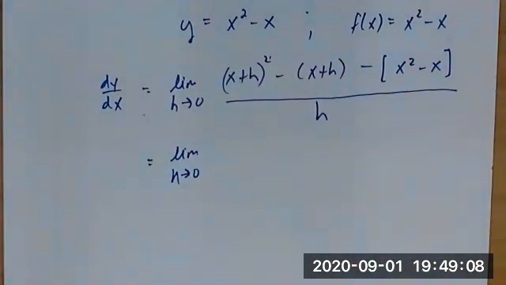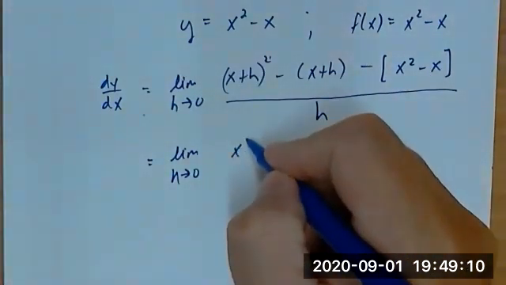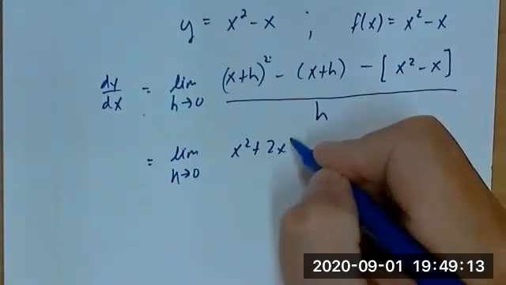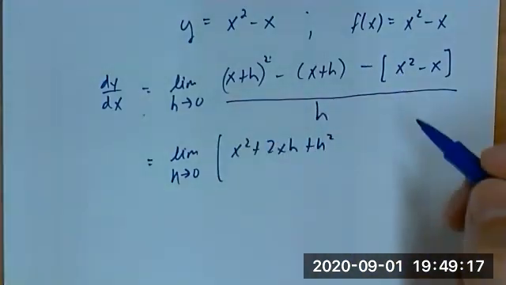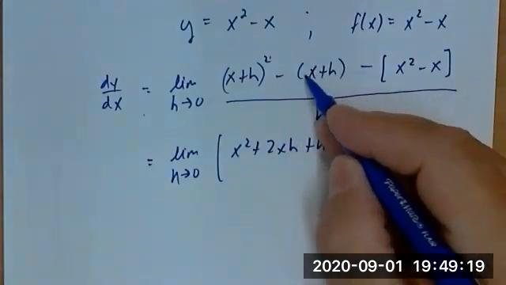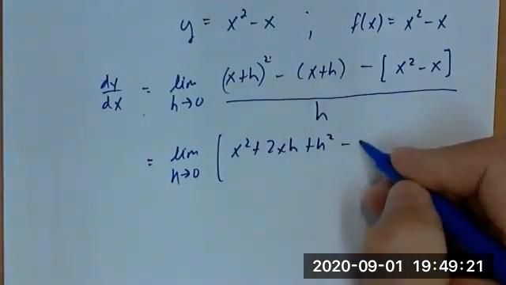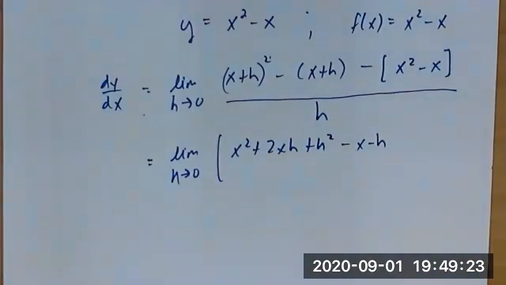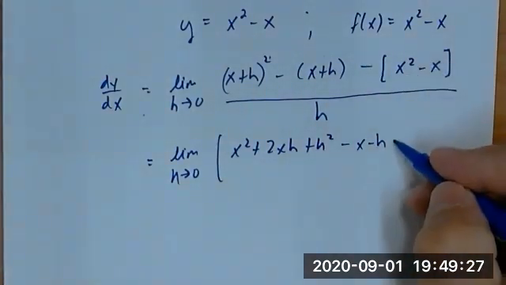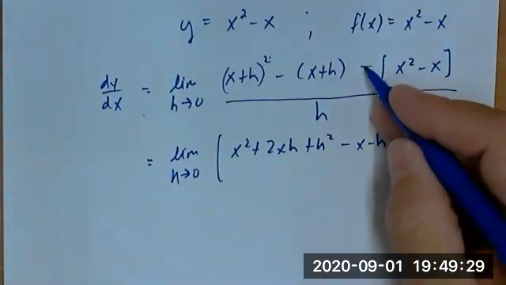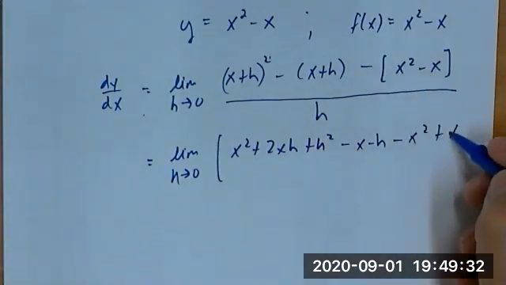Got to multiply out these parentheses, FOIL that, x squared plus 2xh plus h squared minus, the minus gets applied to both terms inside. Minus the negative x is plus x.